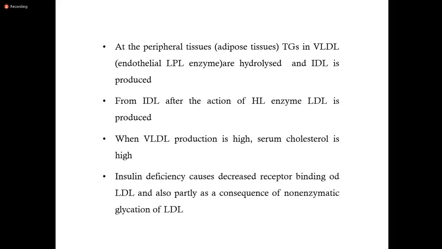So the triglyceride present in IDL is further removed by the action of hepatic lipase, and LDL is produced. So as you can see, when more and more VLDL is produced from the liver, more LDL will be there in the blood. When there is more VLDL, more LDL is there in the blood, and that ultimately increases the blood cholesterol level.